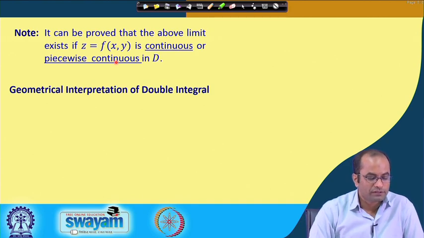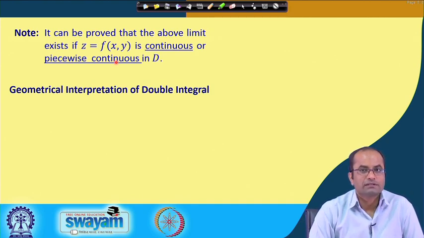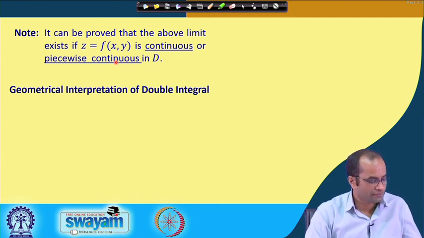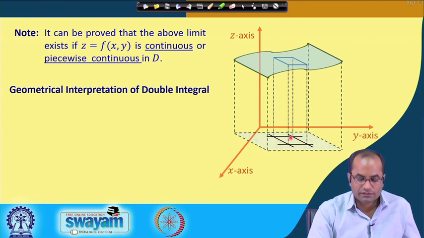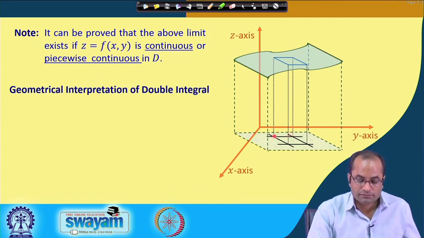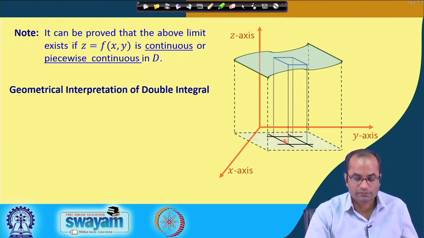And coming to the geometrical interpretation of these double integrals, this is also clear from the limit definition which we have seen. The whole domain in the xy plane was divided into many subregions. Consider for example one subregion here, and corresponding to this we have the surface here, which is the projection given by this one.